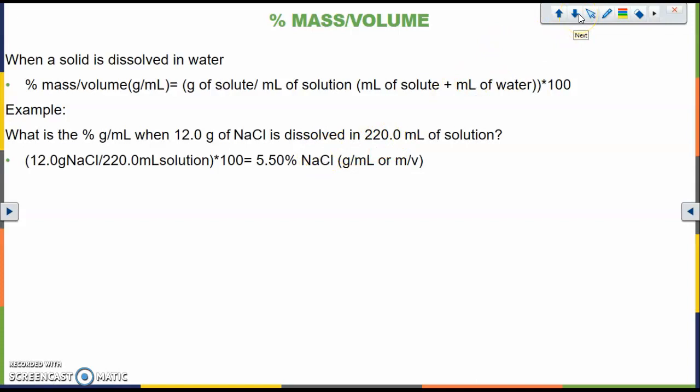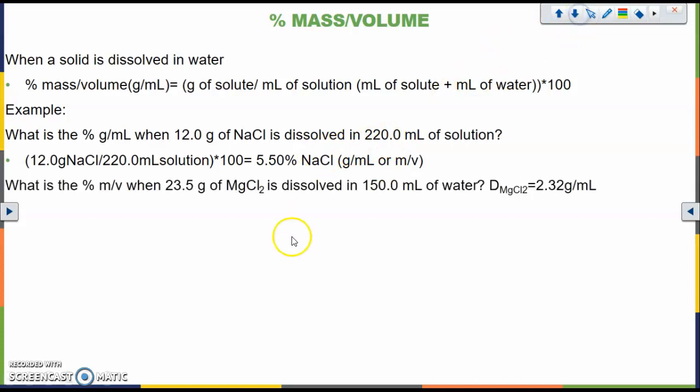So that's easy. This is a little bit more complicated. It says, what is the percent mass volume when 23.5 grams of magnesium chloride is dissolved in 150 mils of water? The mils of solution is the milliliters of solute plus the milliliters of water. However, the solute in this case is given to you in grams of magnesium chloride.